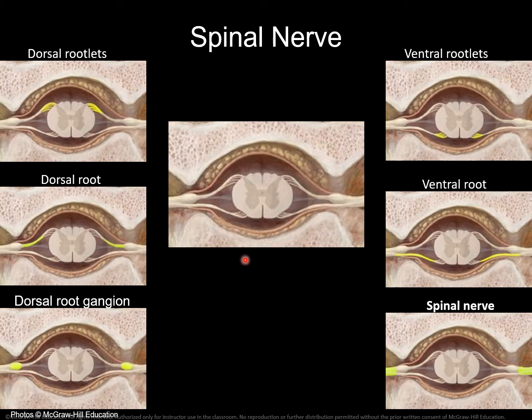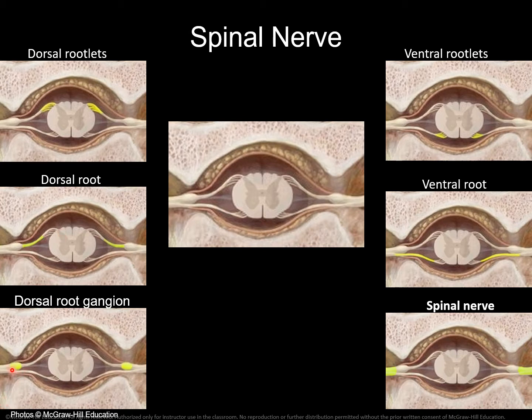Let's look again at the components of a spinal nerve. First of all, here's your nerve cord, and it's encased in your meninges and then bone. When we have that sensory impulse, here are the dorsal rootlets heading into the nerve cord. Here's the dorsal root heading into the dorsal rootlets.